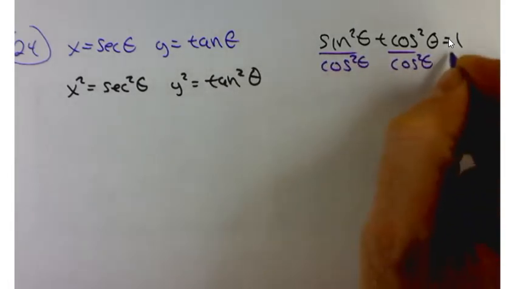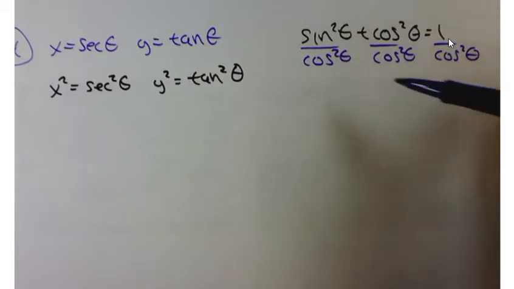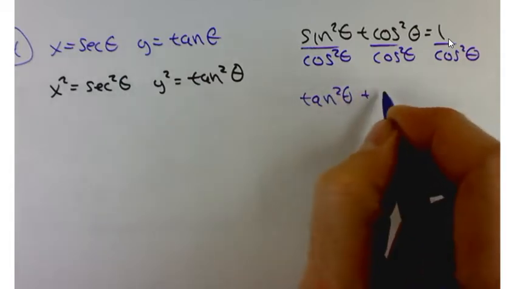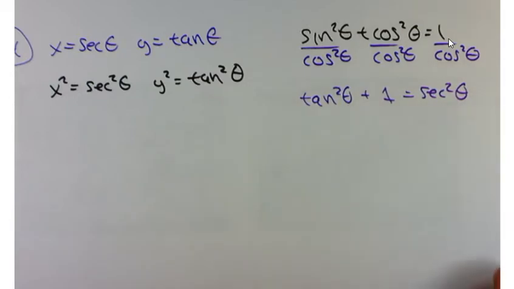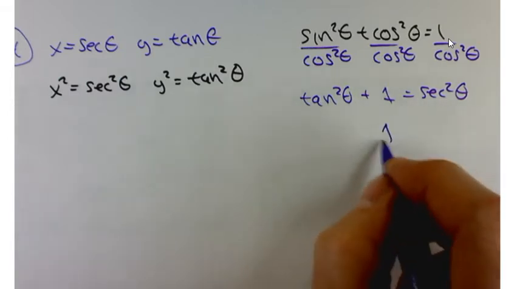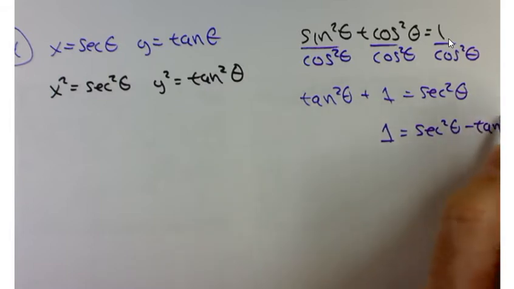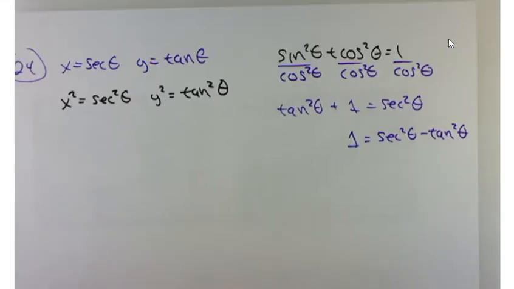Cosine squared of theta, cosine squared of theta. And now we can simplify this. That's going to be tangent squared of theta plus 1 equals secant squared of theta. Or, another way around this is if I move this to the right-hand side, I'll get 1 equals secant squared of theta minus tangent squared of theta. There's a lot of different forms of the Pythagorean theorem, and it's tough to keep them all memorized.